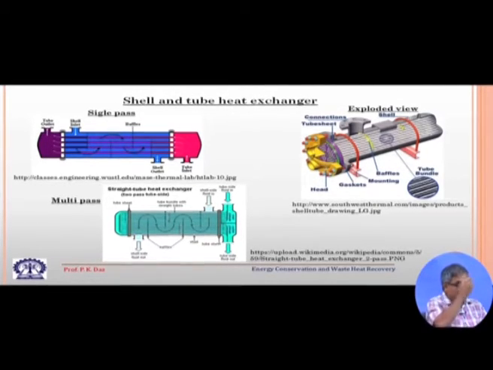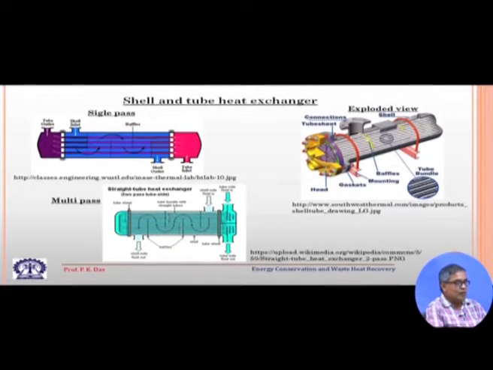Now, you see this is the simplest arrangement of shell and tube heat exchanger. If we want more heat transfer, as we have provided the baffles on the shell side, that shell side fluid has got more residence time before it leaves the heat exchanger. The tube side fluid can be made to pass the shell length more number of times.